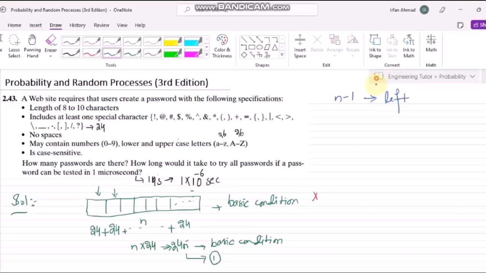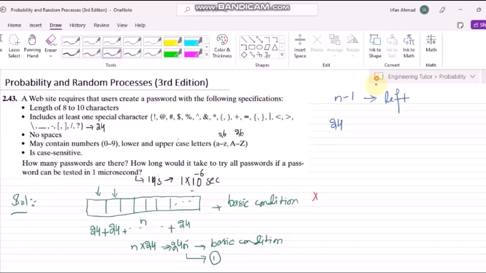So how many characters can basically occupy those spaces? In these n minus 1 slots I can also use the 24 special characters, because it is already given that at least one special character should be included.